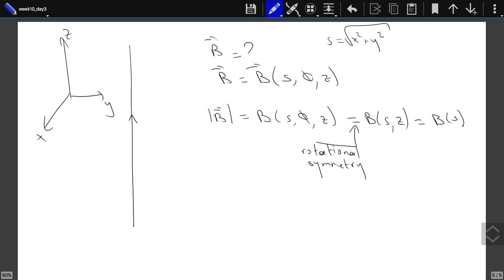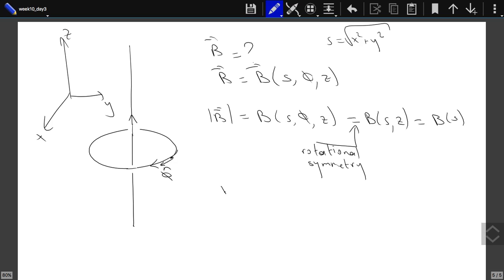So if it is just rings around my wire, let me consider such a ring. Let's say in this direction. Let me call this direction my phi hat direction.